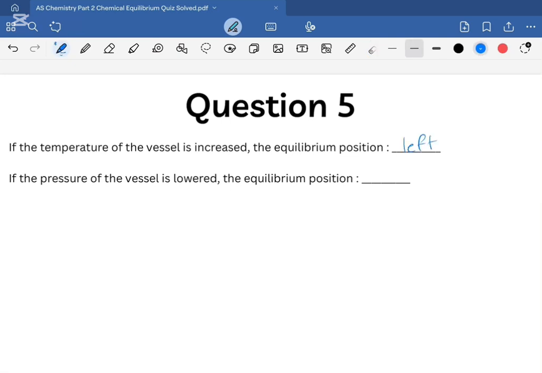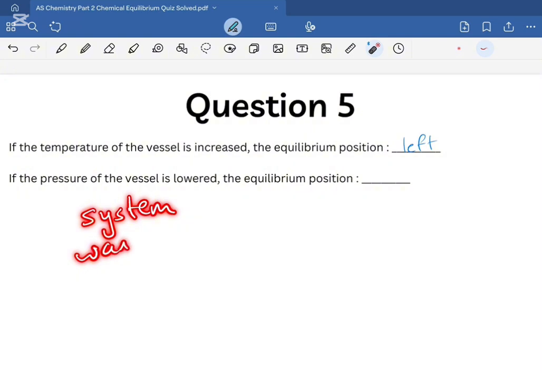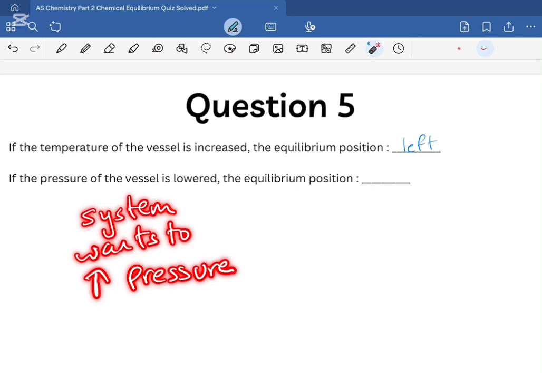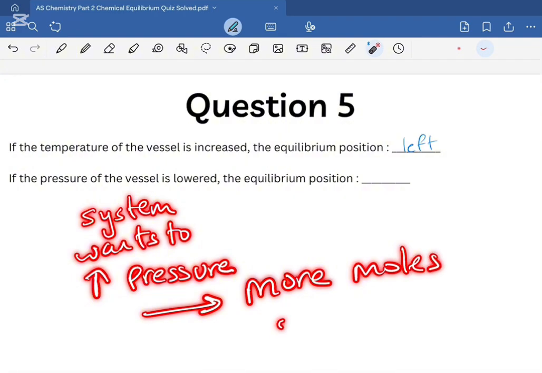And if the pressure is lowered, the equilibrium position is going to shift in the direction in which we have more moles of gas. So if the pressure is lowered, the system wants to increase the pressure, and to do that, it's going to go towards the side with more moles of gas.